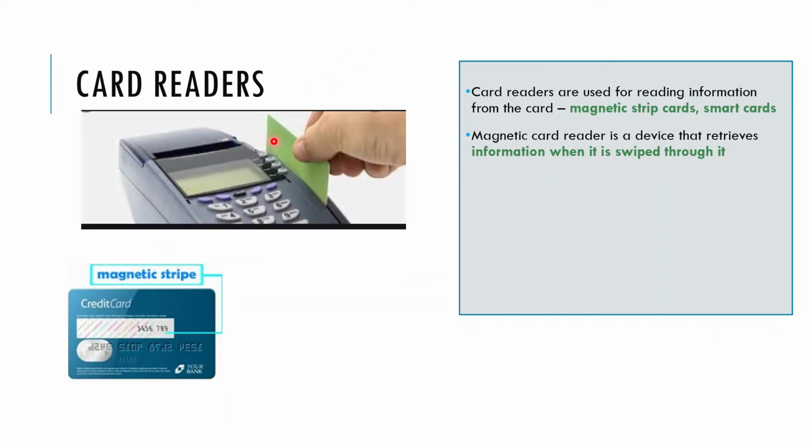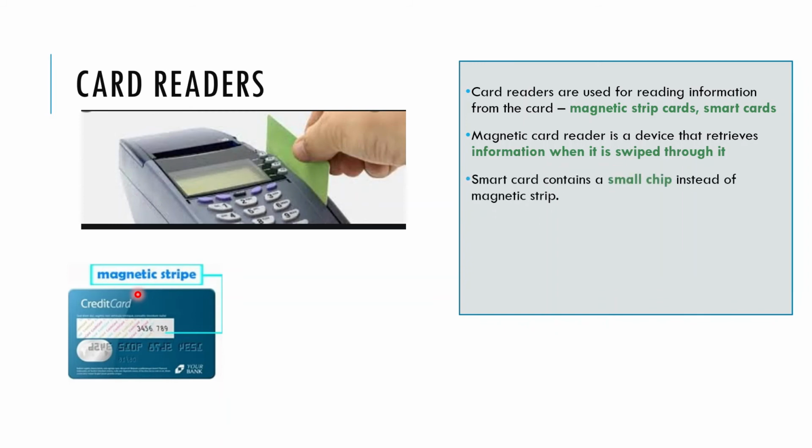Like this, when you swipe the card, you retrieve the information from the card. When a card is swiped through a magnetic card reader, the information is read very quickly and accurately. But exposure to magnetic fields, physical damage, and contact with a certain liquid can destroy the information on the card. So you have to handle it very carefully.